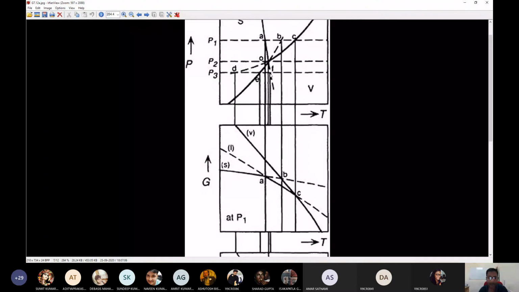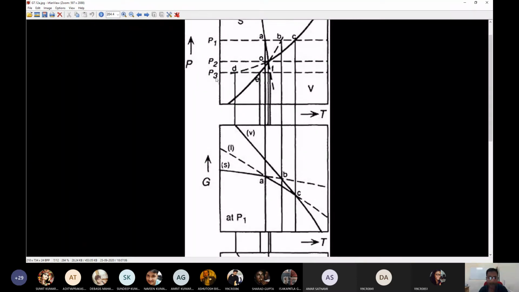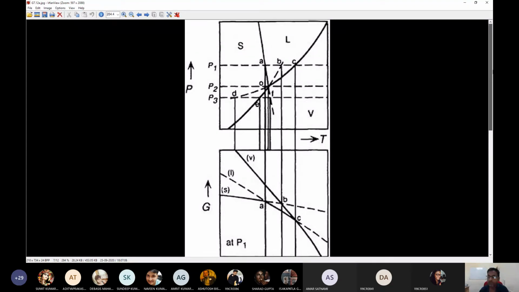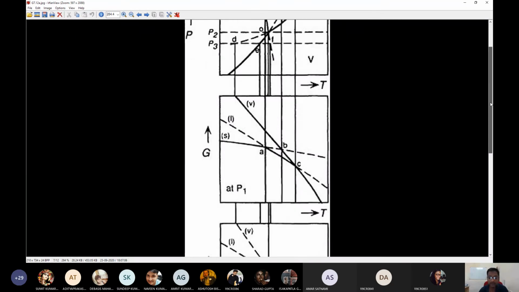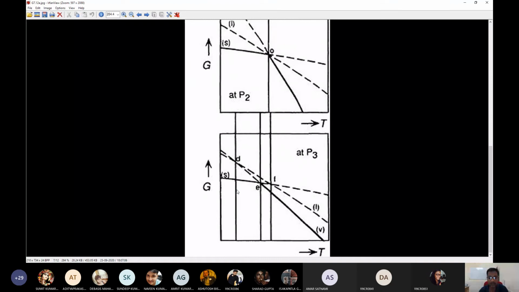All right. Likewise, you can also say that in the primary phase field of the solid at P3, there is an extension of the liquid and vapor two-phase equilibrium line, which comes into the primary phase field of the solid phase, which at P3 is represented by the point D, and this point D can be represented here. This temperature TD is where a metastable equilibrium between the liquid phase and the vapor phase will be shown.